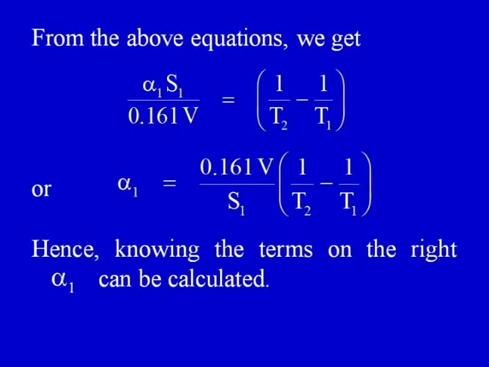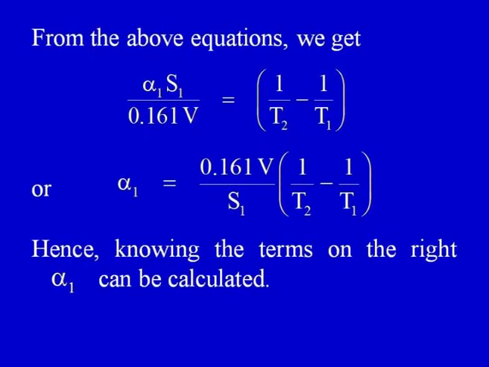From the above equations, we solve these equations. Basically, the result is we get alpha 1 is equal to 0.161 V upon S1 multiplied by 1 upon T2 minus 1 upon T1. Hence, knowing the terms on the right hand side, alpha 1 can be calculated.